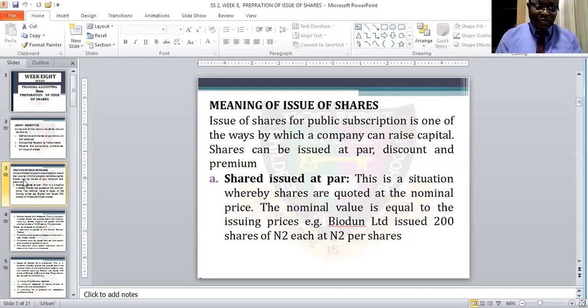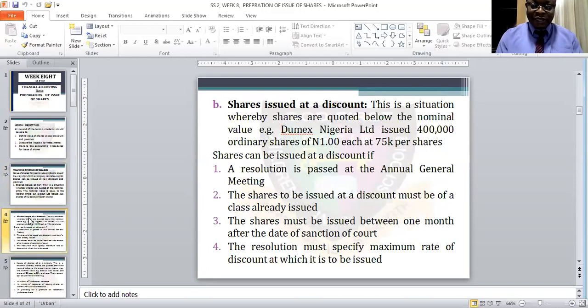So let us look at discount as well. Shares issued at a discount is a situation whereby shares are quoted below the normal price. For example, Dumes Nigeria Limited issues 400,000 ordinary shares of 1 naira each.